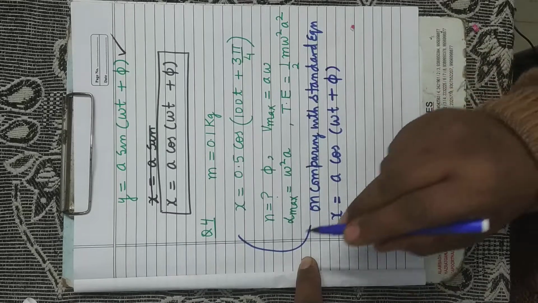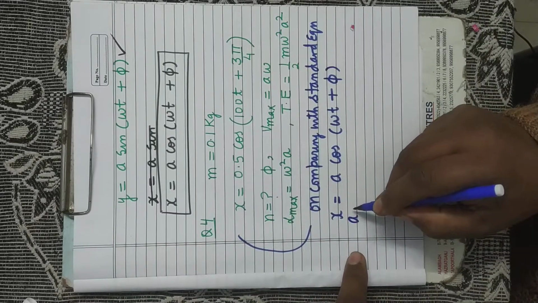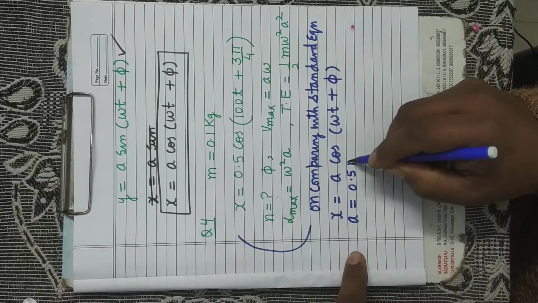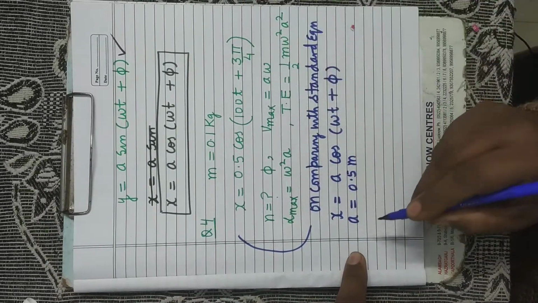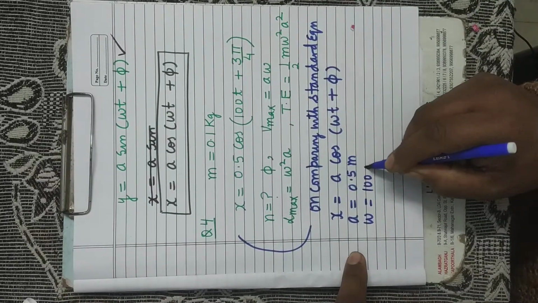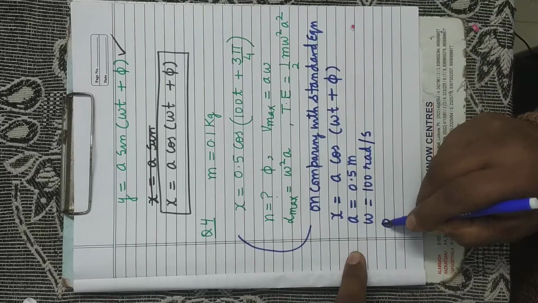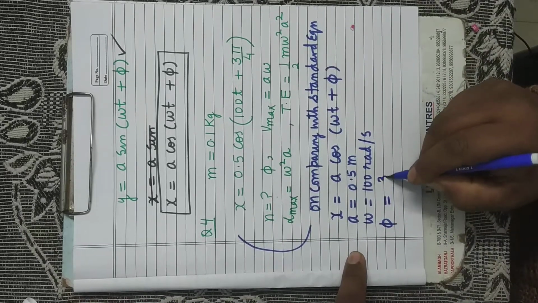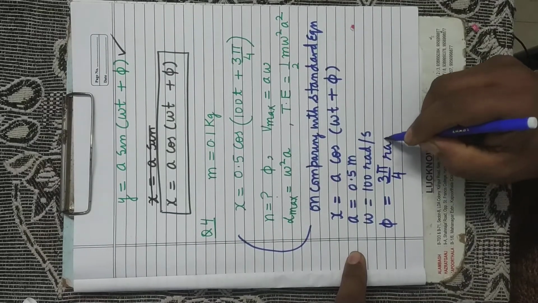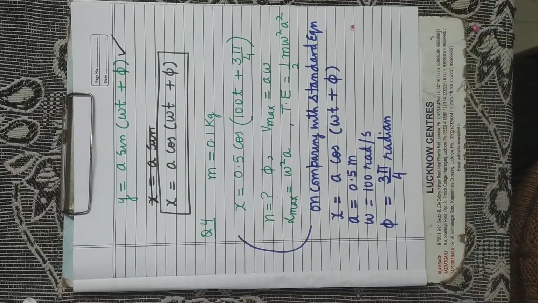First you write down everything. Amplitude A is 0.5 meter, because this is given in meters. Omega is equal to 100 radian per second. And phi, the initial phase, is 3 pi upon 4 radian.